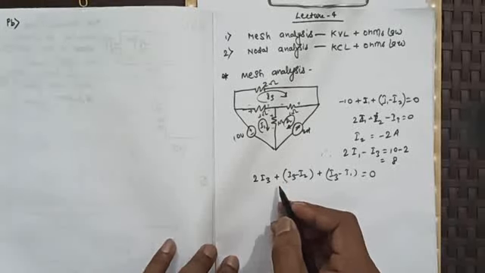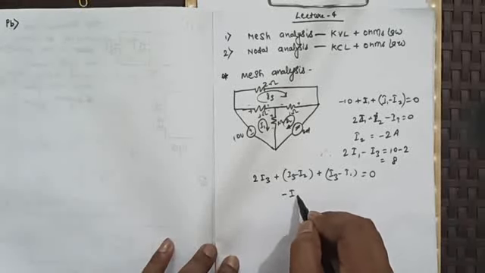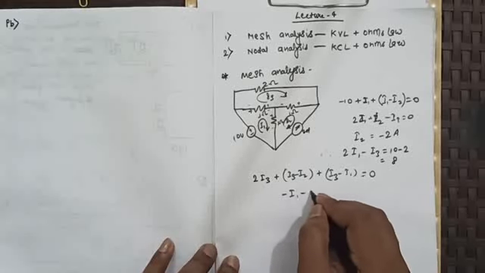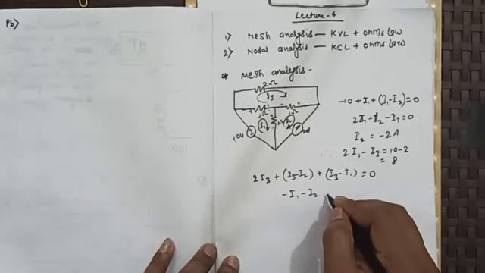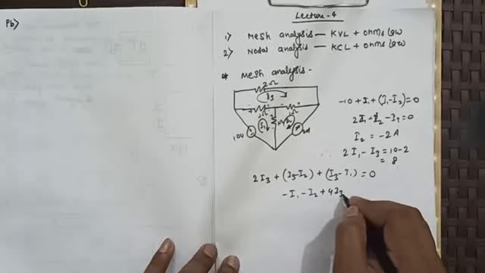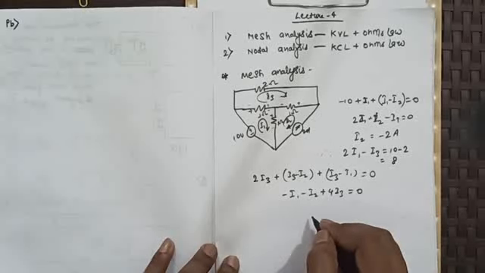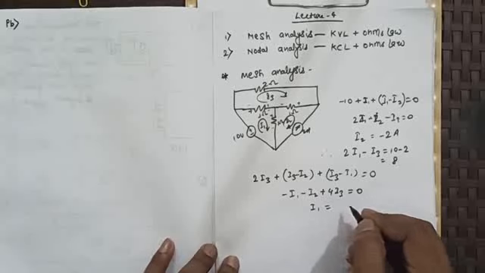From here we have minus I1 minus I2 plus 4I3 is equal to 0. So I1 is equal to what?